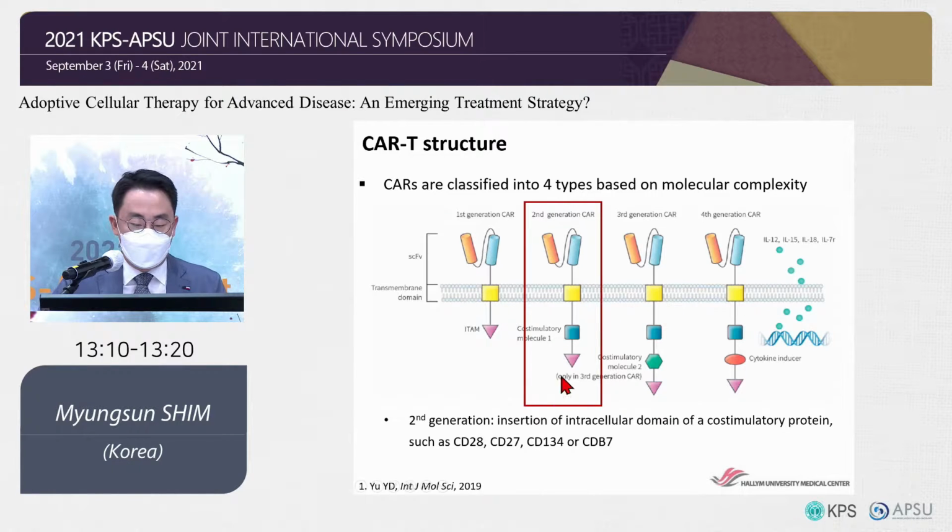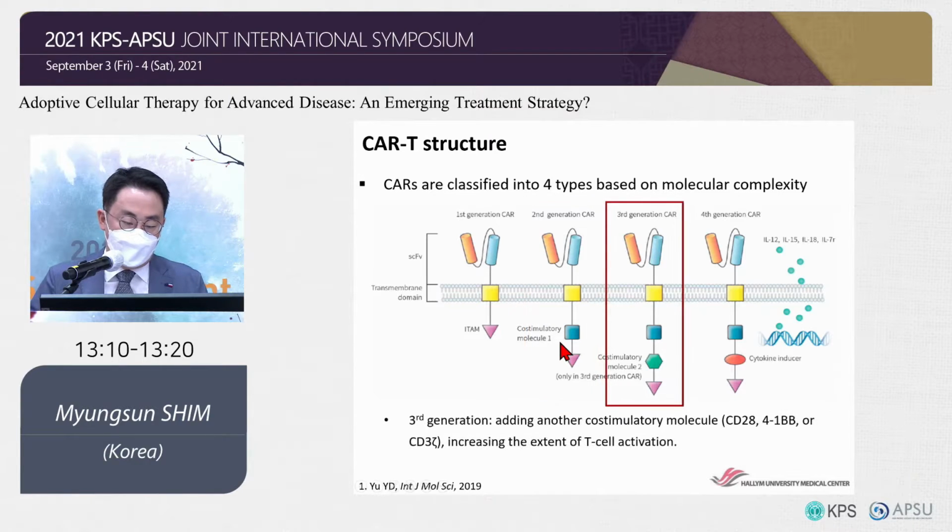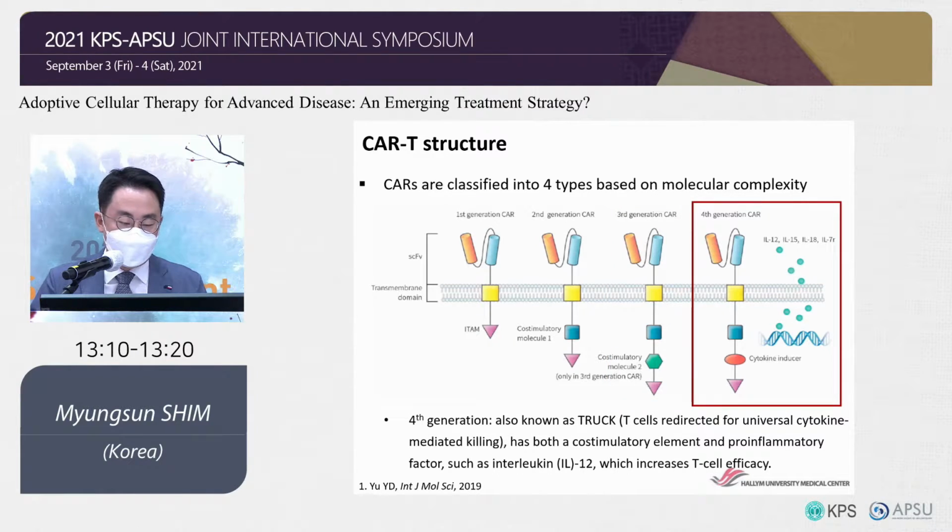So co-stimulatory molecules are inserted into the second generation CAR T cell, which can prolong the persistence of T cells. In the third generation, multiple co-stimulatory molecules are inserted that even further increase the extent of T cell activation. And lastly, the fourth generation has both co-stimulatory elements and also a pro-inflammatory factor such as interleukin 12, which even further increases T cell efficacy.